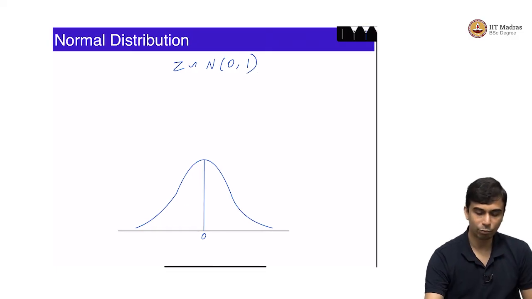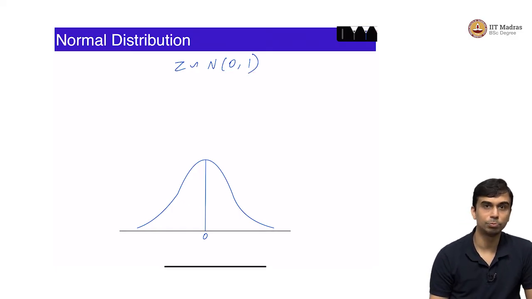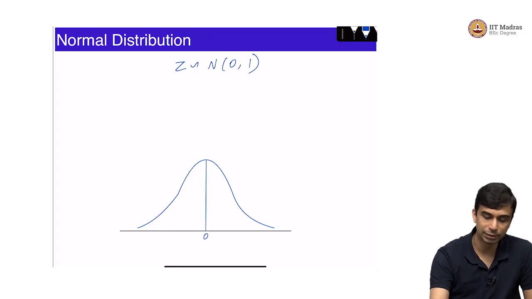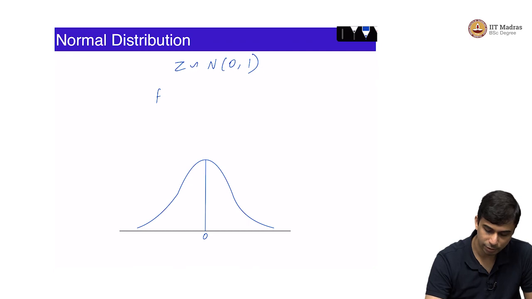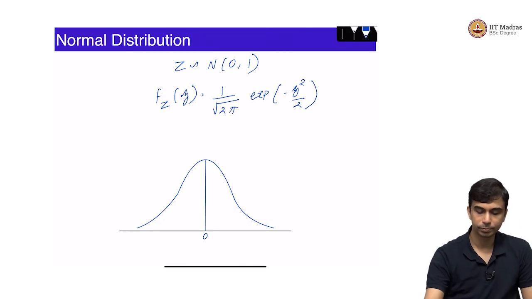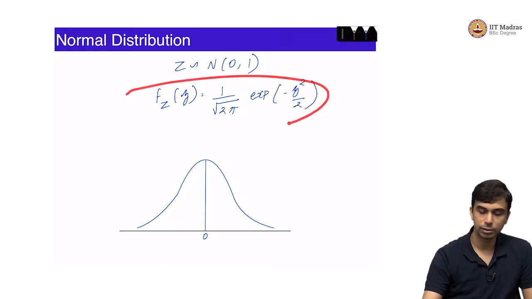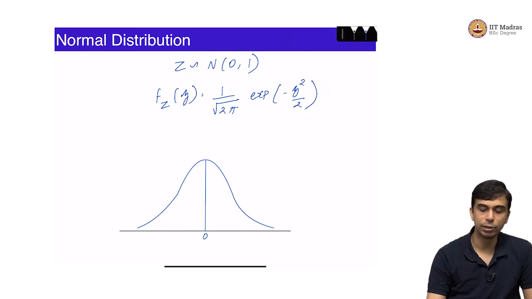We will say what the general parameters are pretty soon, but in the case of the standard normal, the density f_Z of z is equal to 1 by square root of 2 pi times e power minus z squared by 2. This is the density function of the standard normal random variable.